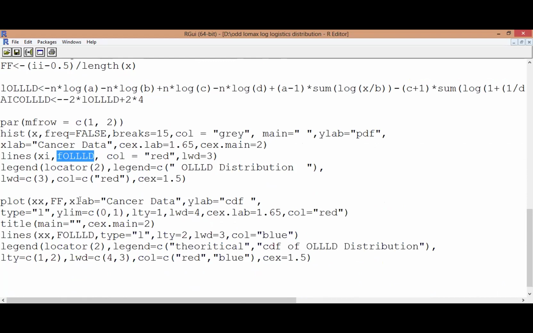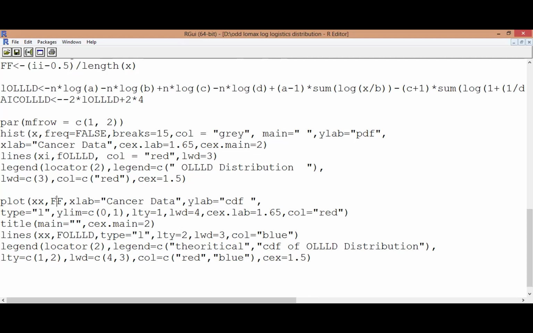And then if we want to create the cumulative plot, we must use the cumulative theoretical. Cumulative theoretical means you can use the formula (i minus 0.5) divided by n. i means the number 1 until the length of data, and n means the length of data.